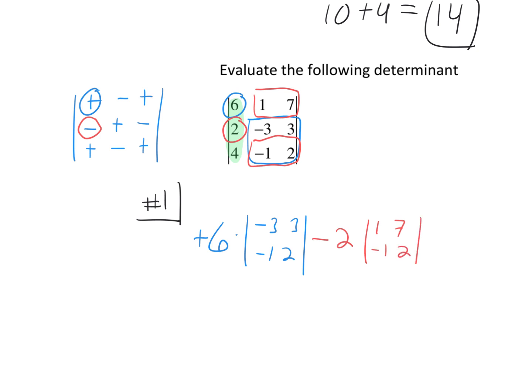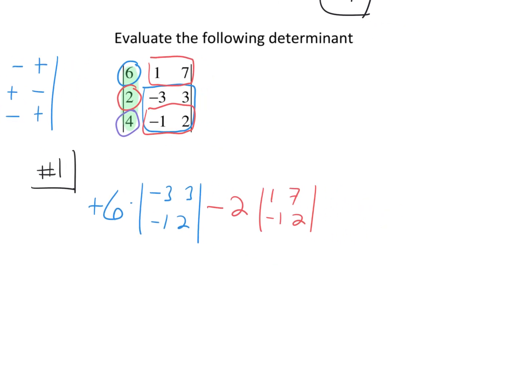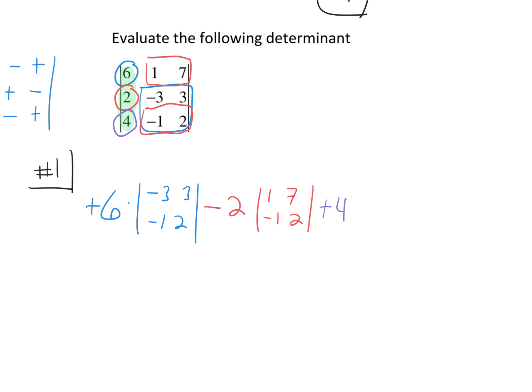Same exact thing with the last one. What sign do we see where the 4 is? A positive, right? You're just matching them. So plus 4 times the determinant of whatever's not in that row or column. What do we see? This right here, right? So a 1, a 7, a negative 3, and a 3.